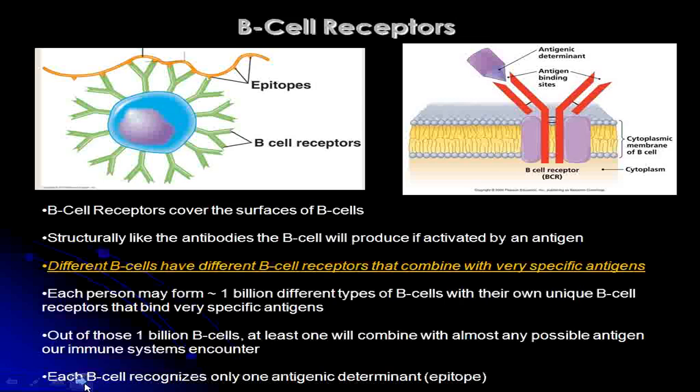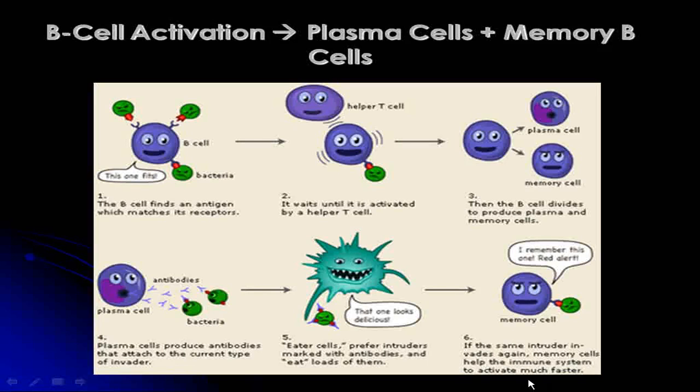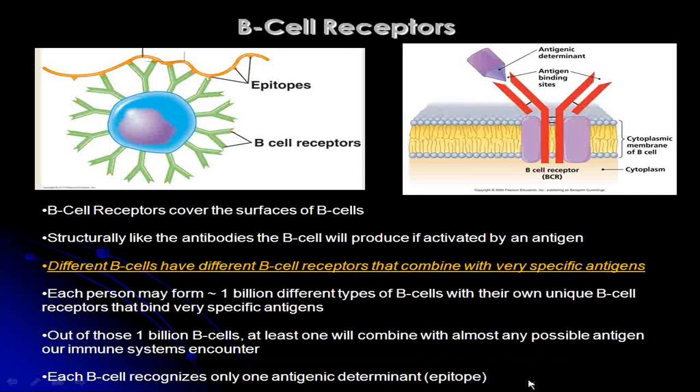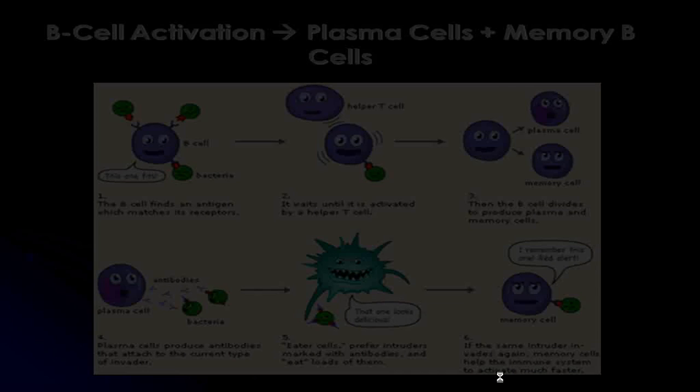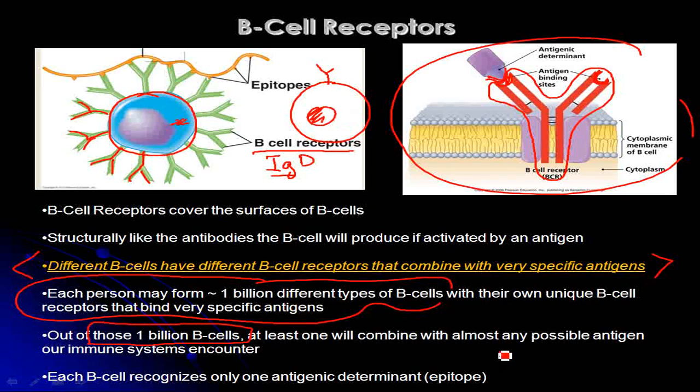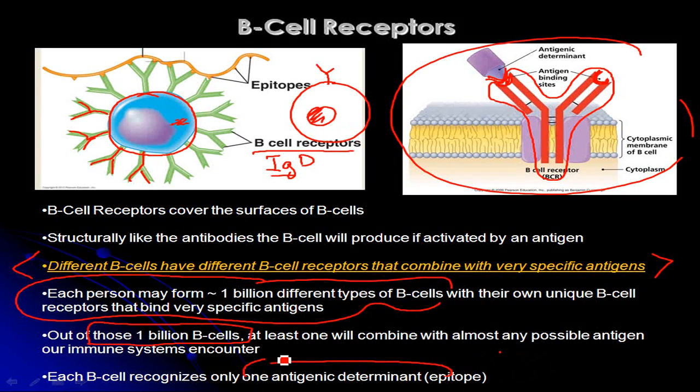Okay, but again, this is key. Each individual type of B cell recognizes only one antigenic determinant or epitope.